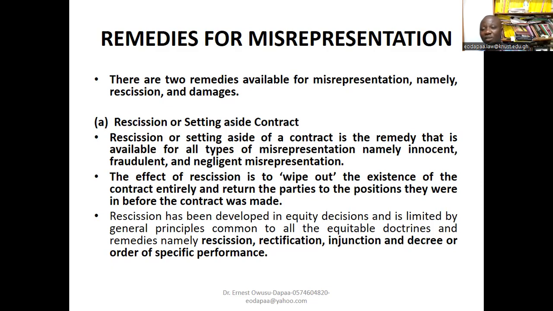So what is the effect of rescission? The effect of rescission is simply to wipe out the existence of the contract entirely and return the parties to the positions they were in before the contract was made. So like the status quo ante, the position that they were before the contract was made.